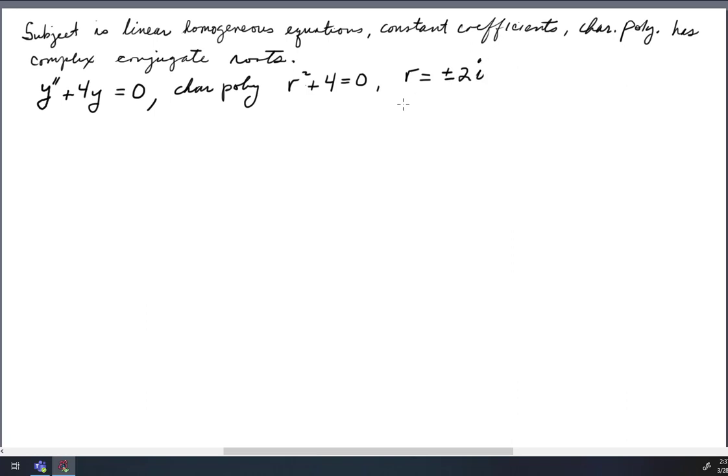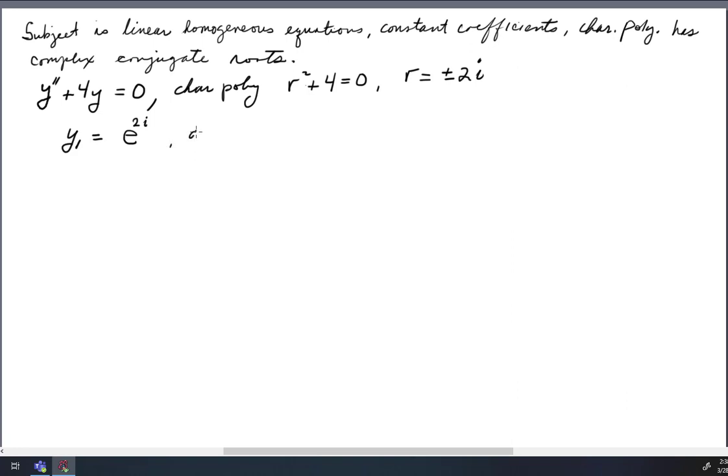So complex roots for polynomials always come in conjugate pairs. 2i and minus 2i are a conjugate pair. If one of them is a root, then the other will be also. So we always get those in pairs. Now that we've got these two, we could observe that y1 equal e to the 2ix is a solution to the differential equation.